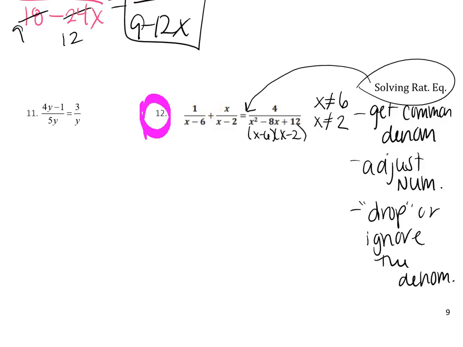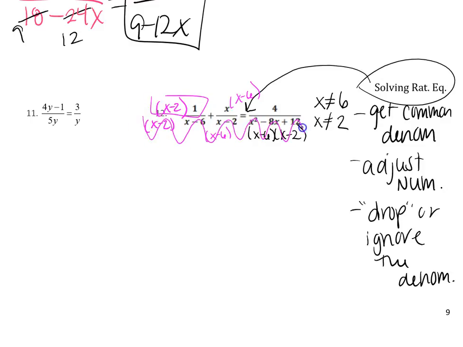So technically in this first term, I'm multiplying the top and bottom by x minus 2. Okay, so this numerator would be just x minus 2. Over here, this guy needs an x minus 6. And this guy has the common denominator, so he needs no manipulating.